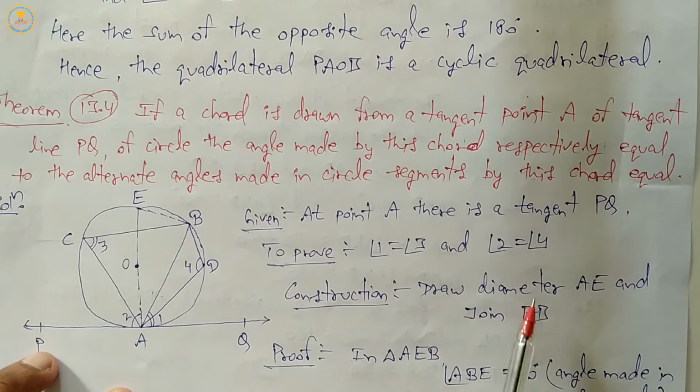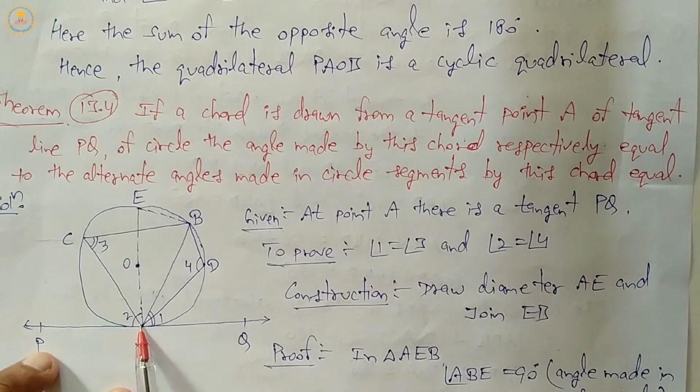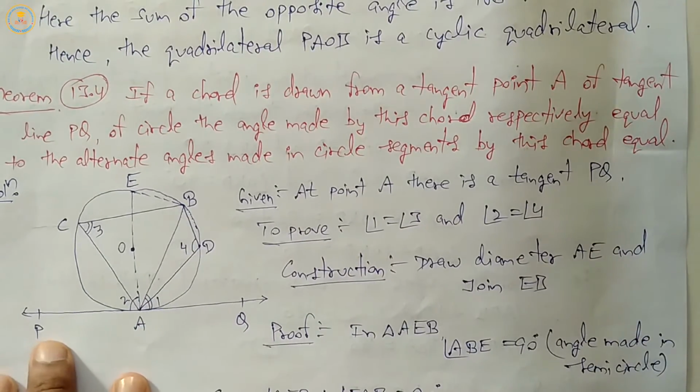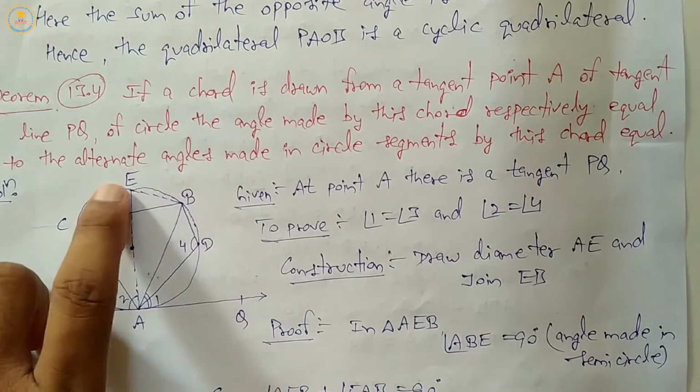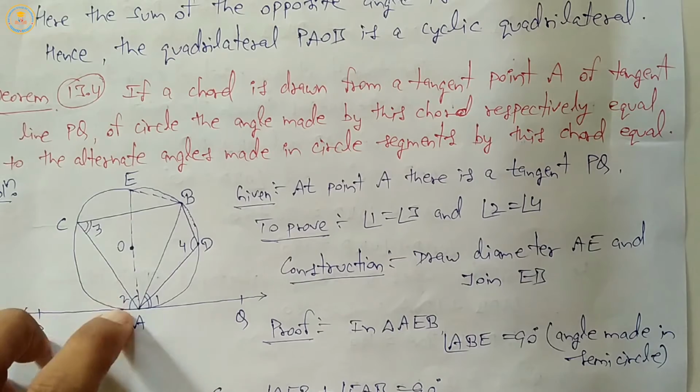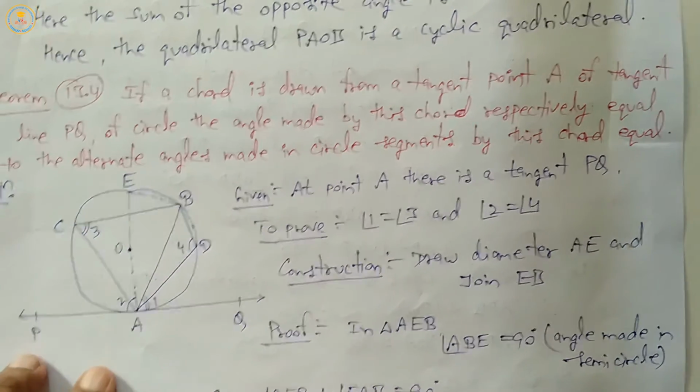Construction part is join diameter, join A to E diameter and join EB also. Remaining part is given in the diagram in the question. So EB and EA join, EA is diameter and EB is chord.